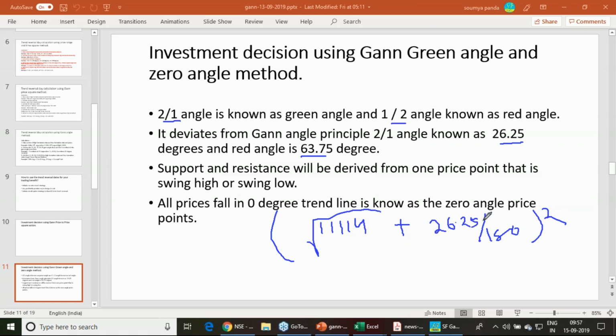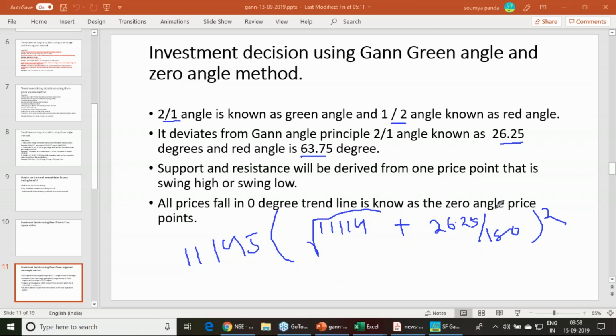So the degree factor is 0.1458, which needs to be added to the square root, and this result needs to be squared. So 11,145 and above you can buy.